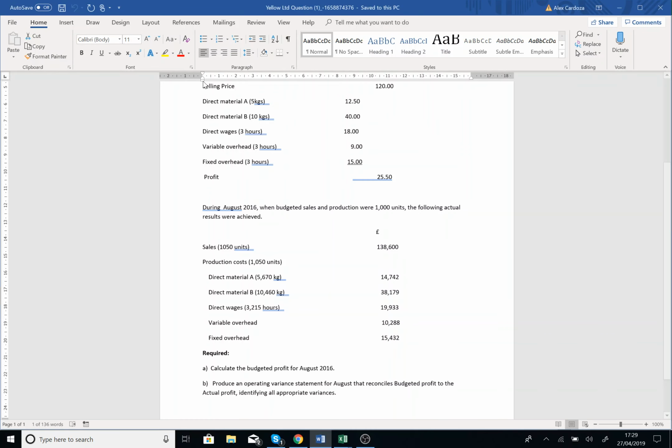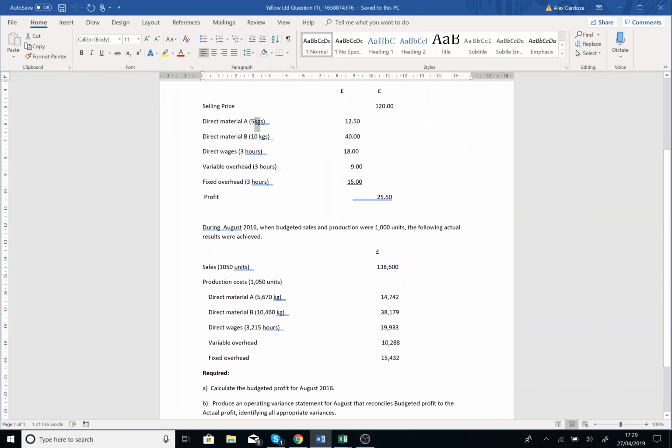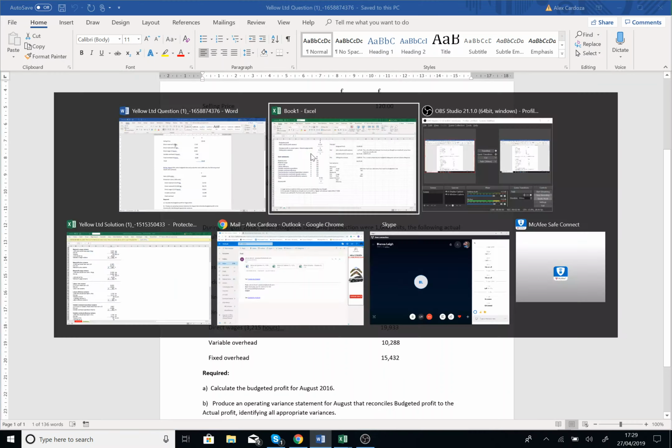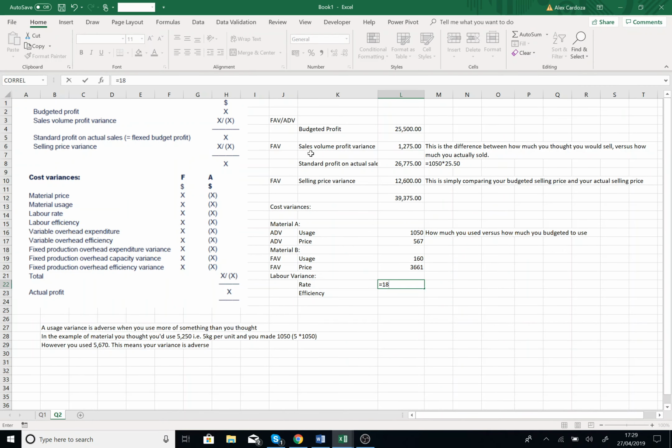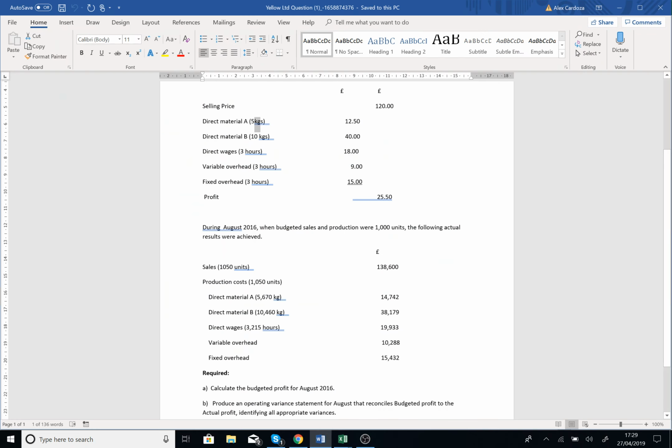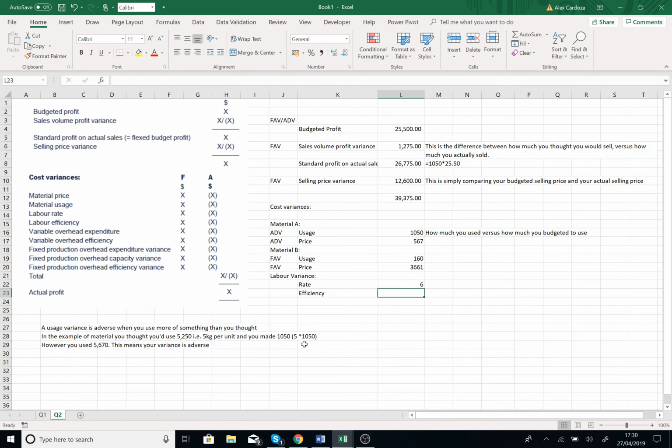We thought we would pay direct wages £18 every 3 hours, so that's £18 divided by 3, or £6 an hour. How much did we actually pay? We paid 19,933 for 3,215 hours.